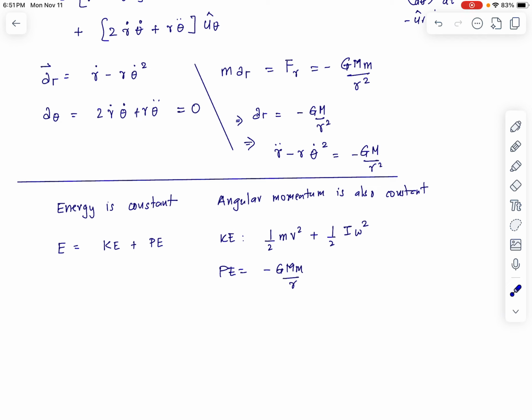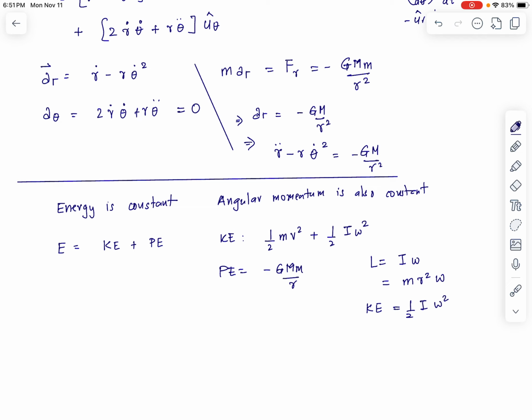Okay, so now before we do that, we must understand that in rough terms, we can write the angular momentum, okay, L equals I times omega, and it is equal to m times r square times omega. Okay, and the kinetic energy due to rotational motion equals half I omega square.